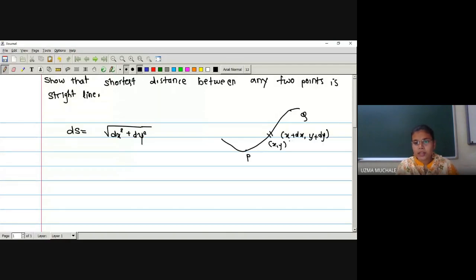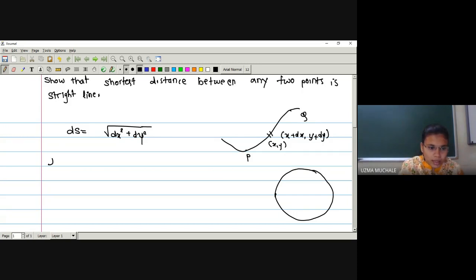Because we took the distance formula for two neighboring points, a very, very small distance, and any very small distance is nothing but a straight line. Even for a very large circle, the path between two neighboring points is a straight line. So by using the distance formula, we found this.